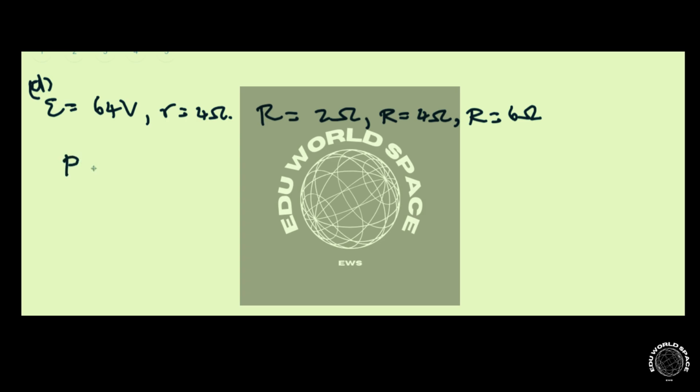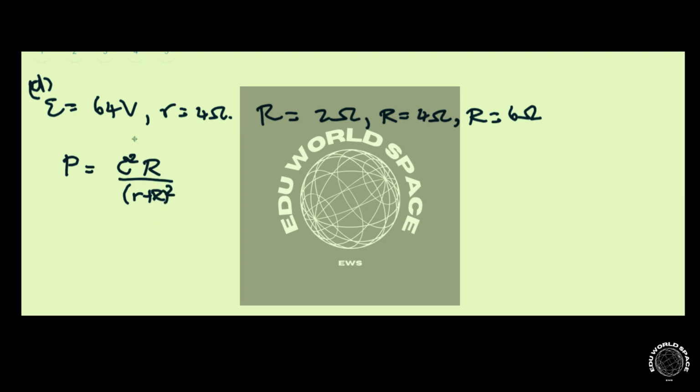So we can go ahead and calculate these things. So we have P is equal to the EMF squared times the resistance over (R plus r) squared.